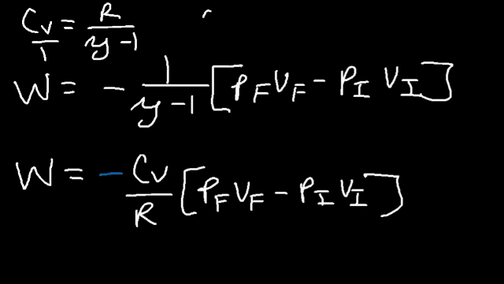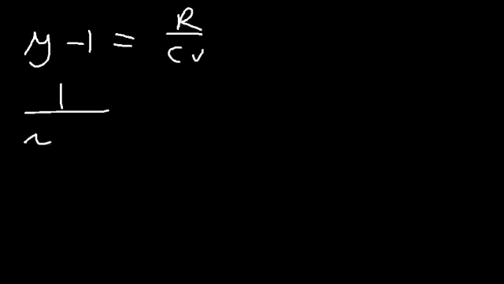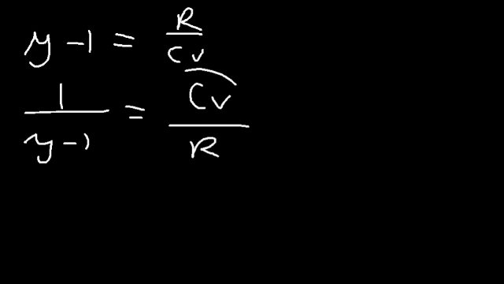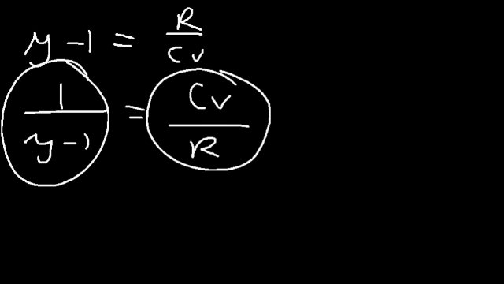If you cross multiply, CV times gamma minus 1 is equal to R. And if you divide both sides by, let's say, CV, gamma minus 1 is R over CV. Therefore, 1 over gamma minus 1 is CV over R. So you replace this with 1 over gamma minus 1, and that's how you get the other equation.